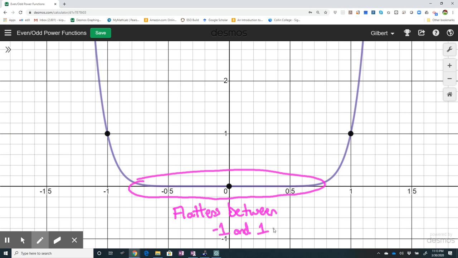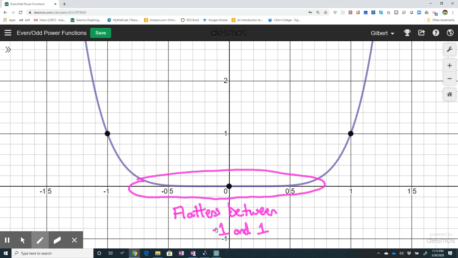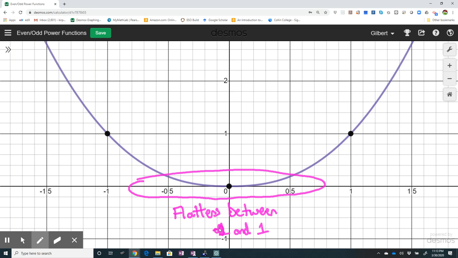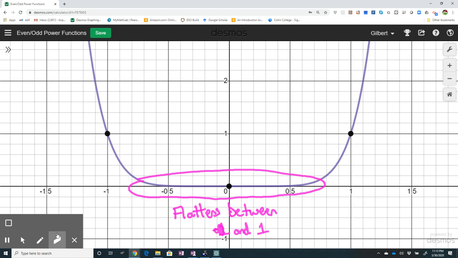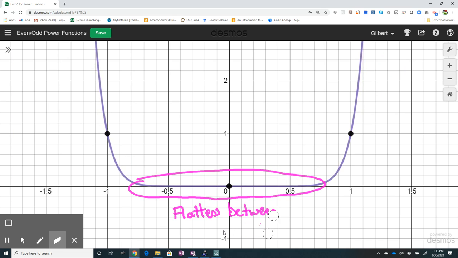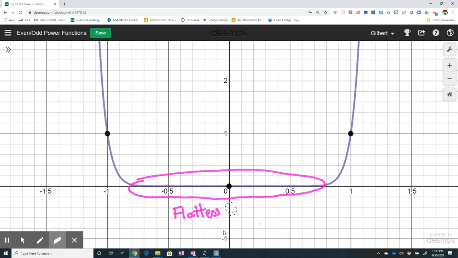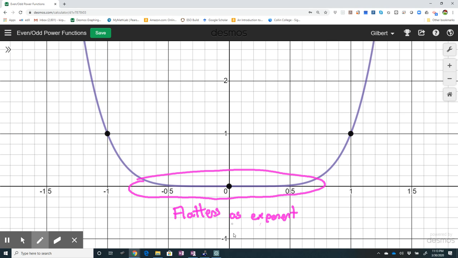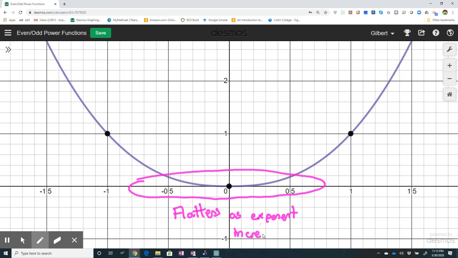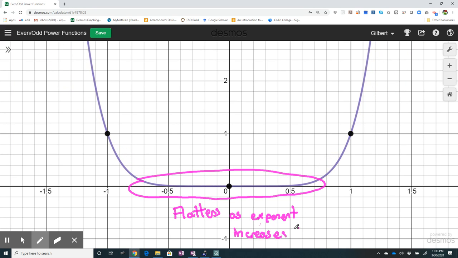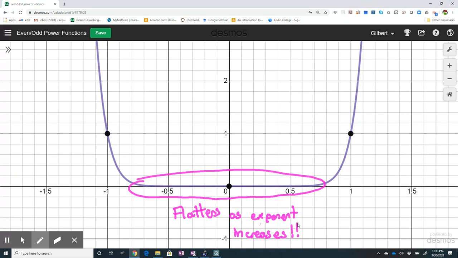Now that between -1 and 1, that changes depending on what the equation is. So that's kind of bad of me to say that. But just know that it flattens as the exponent increases. Let me rewrite how I wrote that. Okay, there's a lot of lag on it, but it flattens as the exponent increases.